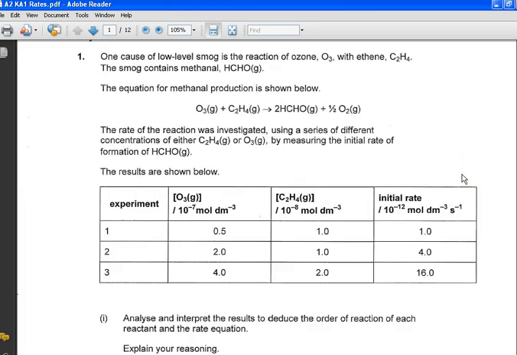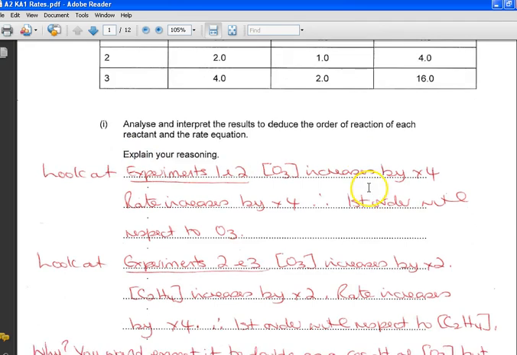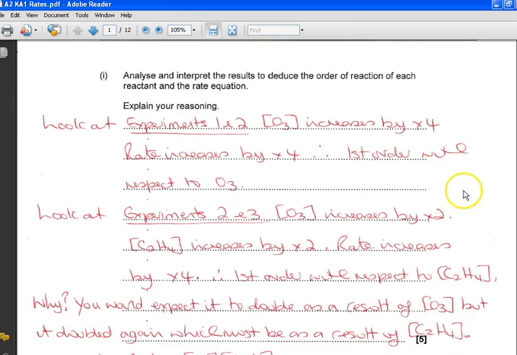Okay, so question 1, you're given initial rates data. You're asked to analyse and interpret the results, break them down, interpret them to deduce the order of reaction of each reactant, and explain your reasoning. Now, the best way to do this is to be very methodical.